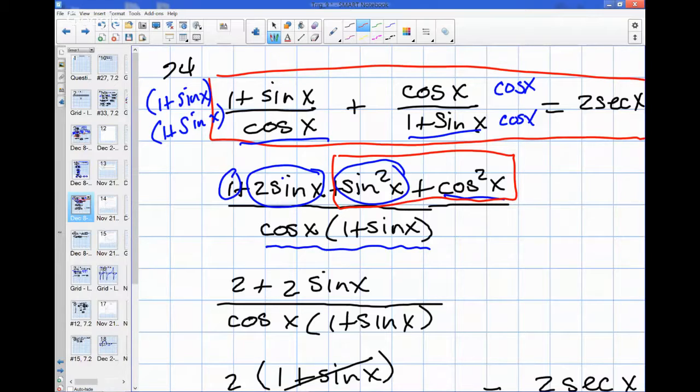Sine squared plus cosine squared always equals 1. So that's just a big fat 1. And 1 plus the 1 over here would give me 2. Okay, and then I still have this middle term, 2 sine x. So now, just by combining this identity, I'm down to here.